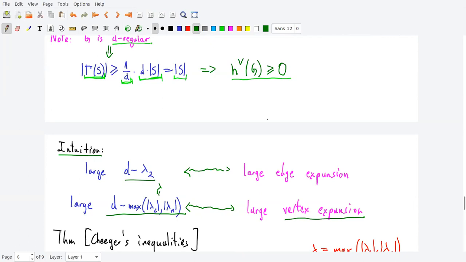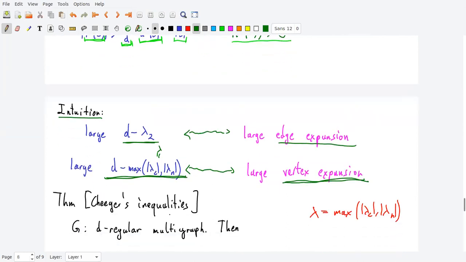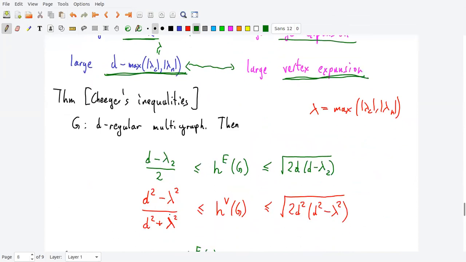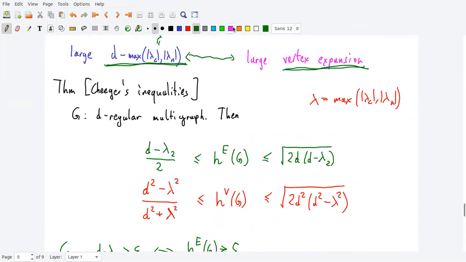In other words, in order to get a graph with good edge expansion, I need a graph with good spectral gap. And in order to get a graph with good vertex expansion, I need a graph with good absolute spectral gap. So this is the intuition, and the actual quantitative expression of this intuition is through those Cheeger's inequalities, on which we will concentrate during the next lecture.